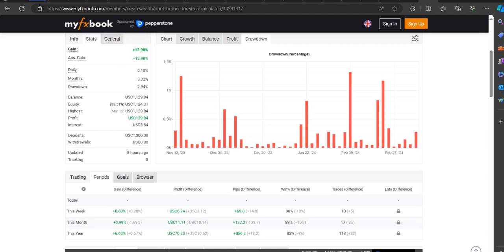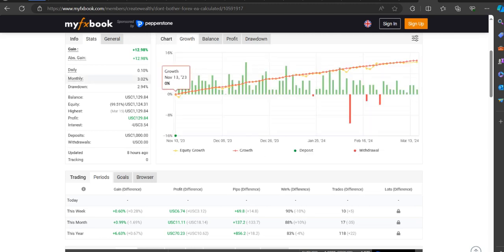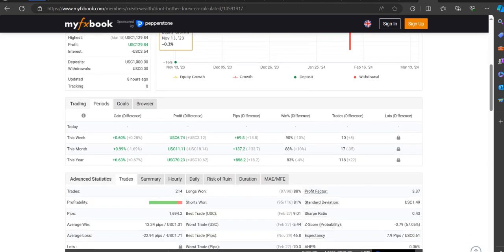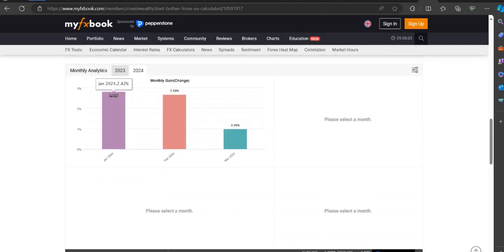So far monthly it's around 3.02, and the maximum drawdown is 2.94, and daily it is almost 0.10. This week we made 0.60, this month just 1%, and this year 6.63%.